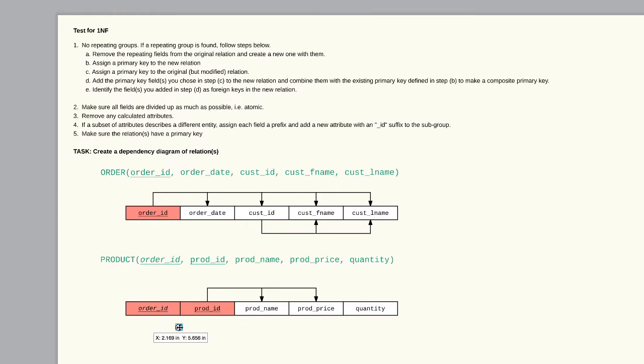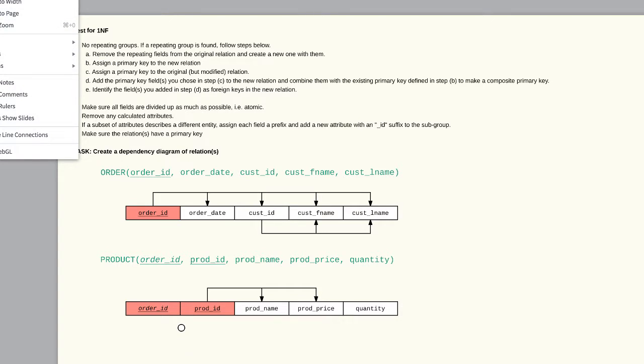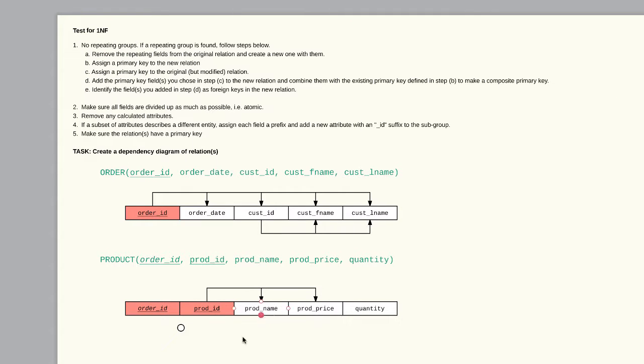And if I turn off snap to grid, it lets me put it exactly where I want to put it. So I'll go back up, and it's under view, grid, and I'll turn it back on again. So it'll let me do that. So then what I'm going to do is I'm going to take and connect those two arrows to the circle, and I'm going to turn off the arrowheads.